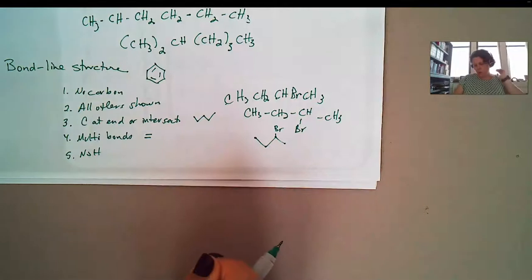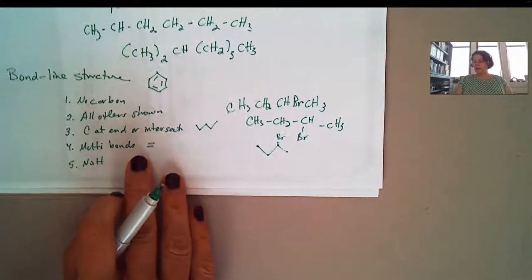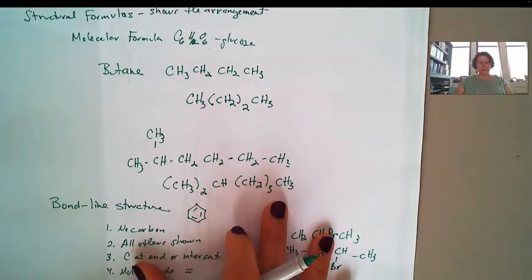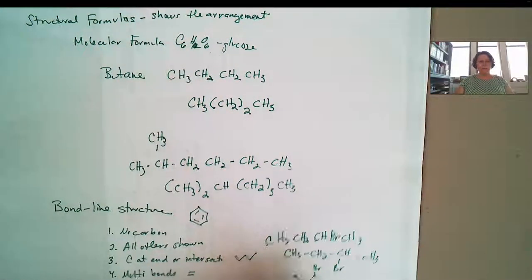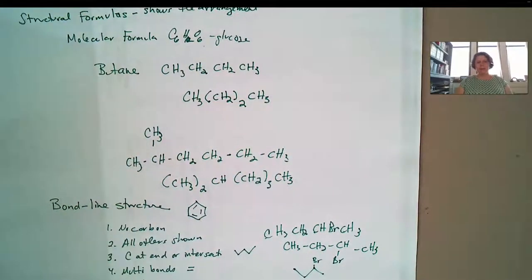So much quicker. So any of these are correct. You can pick however you'd like to do it, whether you prefer the structural formulas or the bond line. I'm going to be mixing and matching them because I think you need to learn all the different ways these things can be put together.